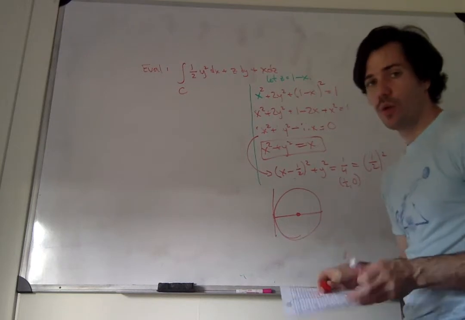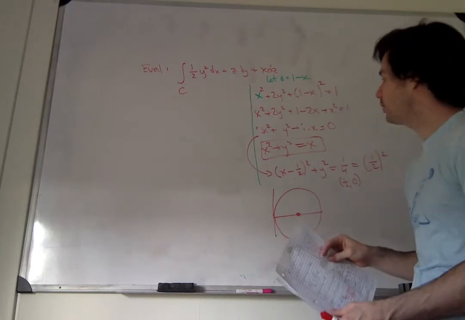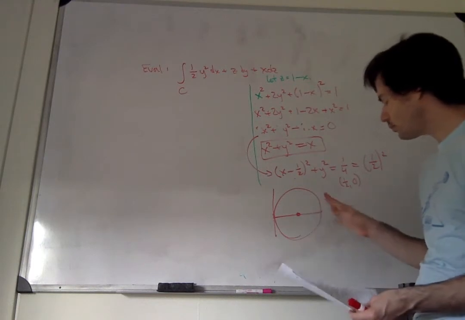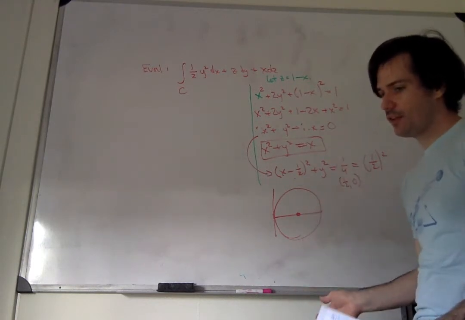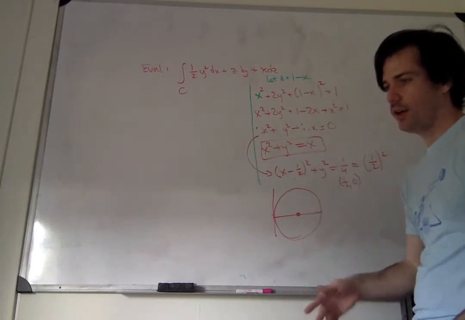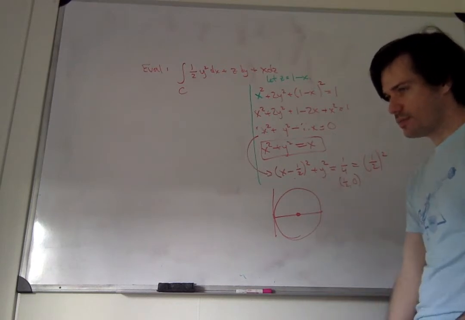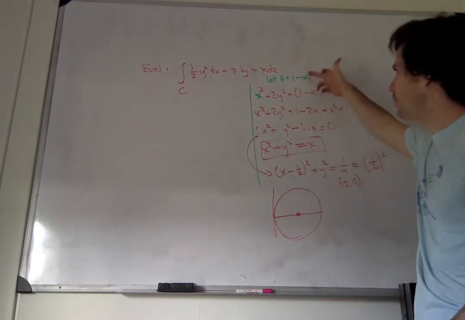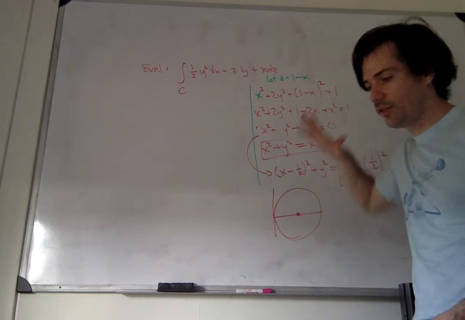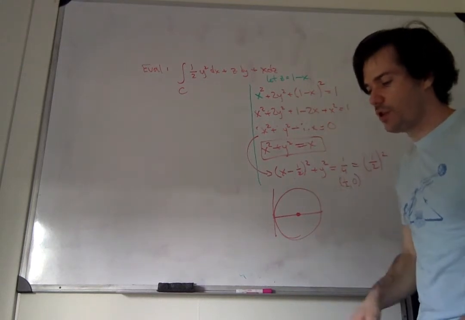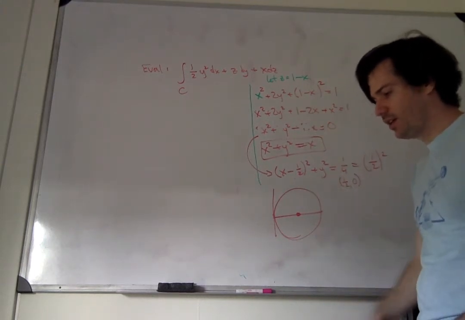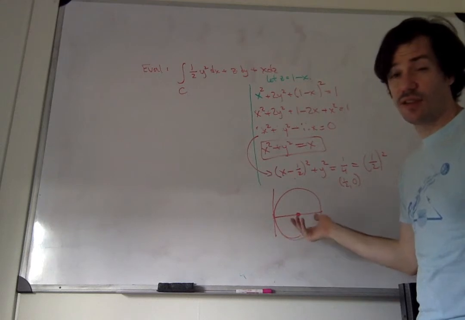Okay, and we're not even worried about this. We're not even really thinking about z at this point. It's just x and y. Of course, what is z? Well, it's 1 minus x. But when you press it down, when you project it into the plane, it's just that circle.